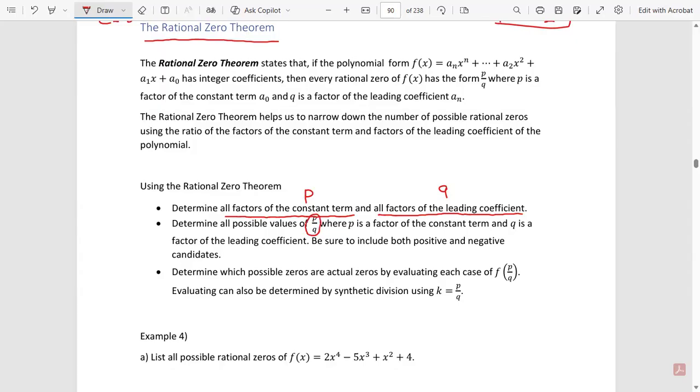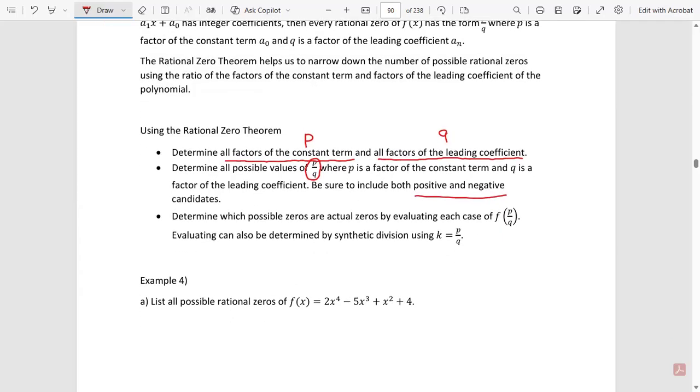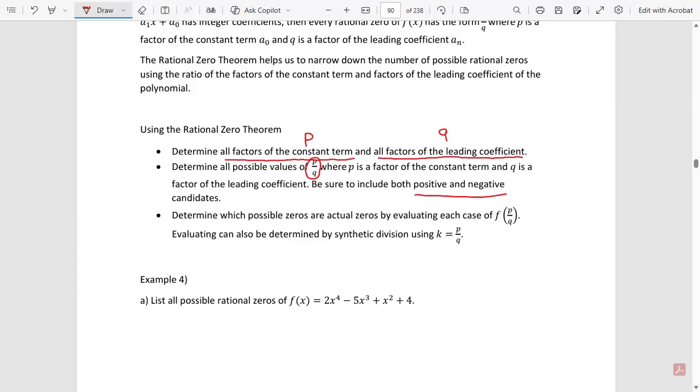And don't forget that I need a plus and minus for each of them, okay? Because both the positive and negative candidates may work. And then I will use those numbers for replacing into the function and see if the remainder is zero or not. So in this case, after using the rational zero theorem, we have just some limited number, not infinitely many numbers anymore.